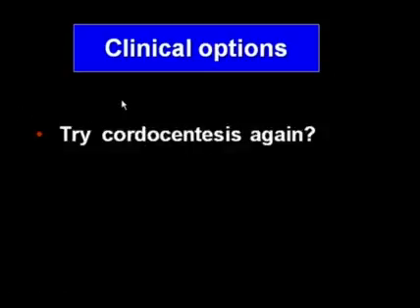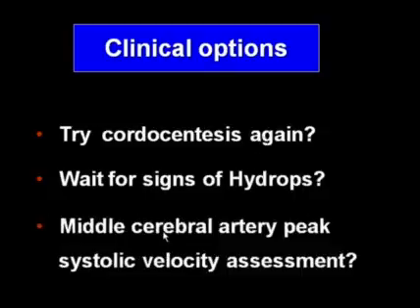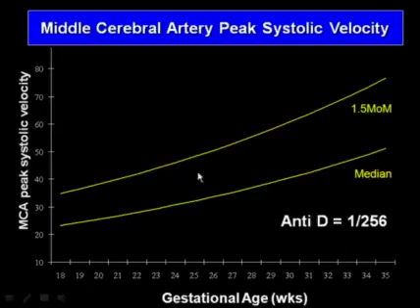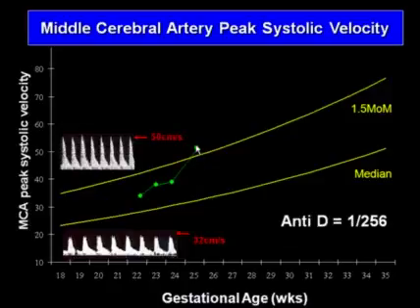When she came to see us, we gave her several options: try cordocentesis again, wait for signs of hydrops, or look at the middle cerebral artery peak systolic velocity assessment. She opted for the middle cerebral artery peak systolic velocity, and the first value was below 1.50 MoM, and after approximately a month, the value became above 1.50 MoM.